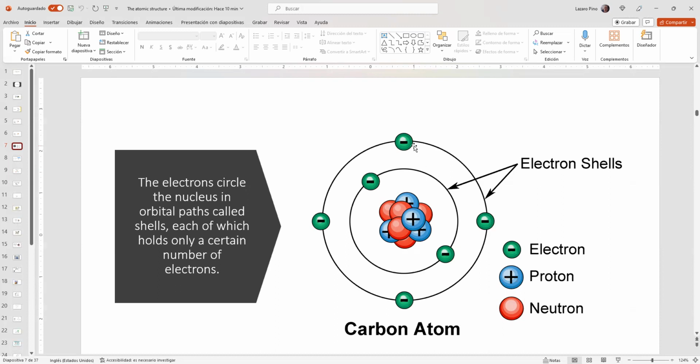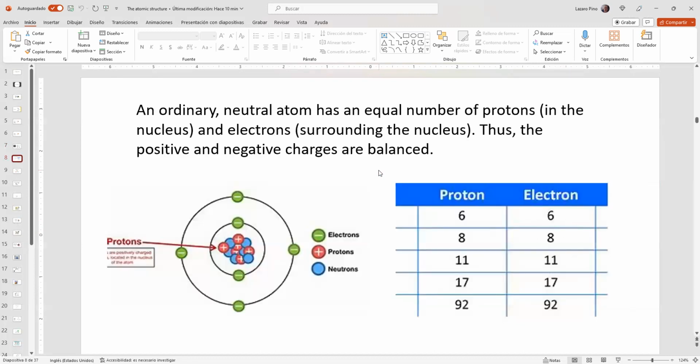The number of electrons is equal to the number of protons that are positive, so that the atom is neutral. As you can see, the number of protons is equal to the number of electrons for different types of atoms.